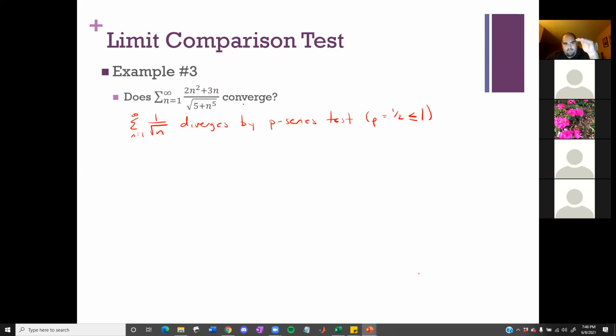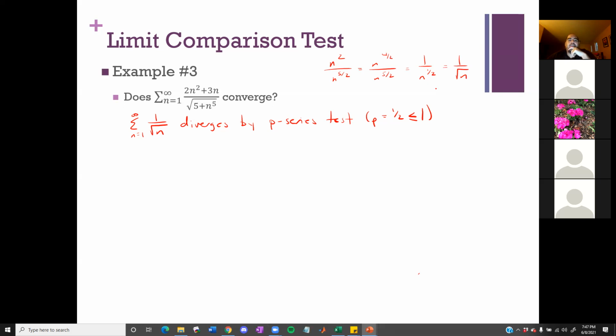So basically n squared over n to the 5 over 2. I think this is a good candidate for some comparison test.